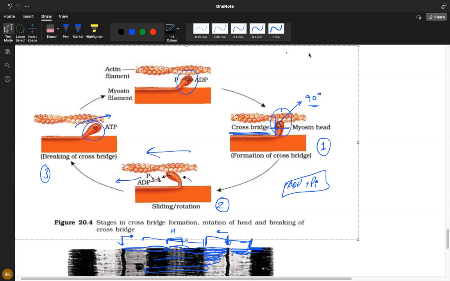Write down: a new ATP binds. Then again, you need a new ATP, which you can see here. A new ATP binds and the cross bridge is broken, and the ATP is again hydrolyzed or utilized. You write utilized.